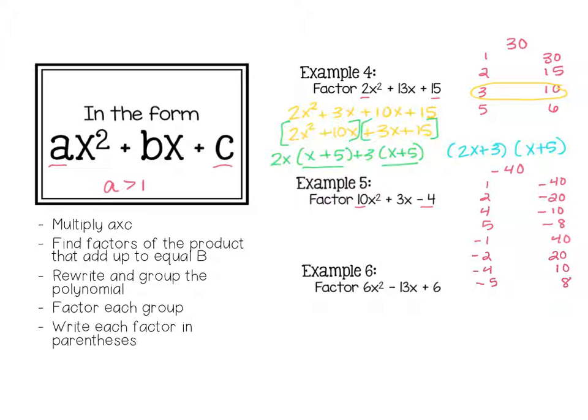And I want something that's going to add up to give me positive 3. So that's going to be negative 5 and 8. So that's 10x squared minus 5x plus 8x minus 4. And I wrote them in that order because I know that 10 and 5 share a factor, and so do 8 and 4. I'm going to group these.